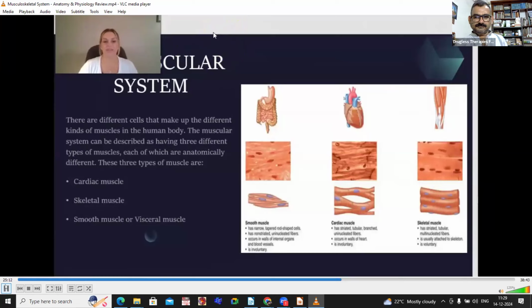These 3 types include the cardiac muscle, skeletal muscle, and smooth muscle, otherwise known as visceral muscle. The cardiac muscle is only found in the heart, and we'll talk about that in the next few slides. But I just wanted to show everybody the difference between the cardiac muscle, the smooth or visceral muscle, and the skeletal muscle here.